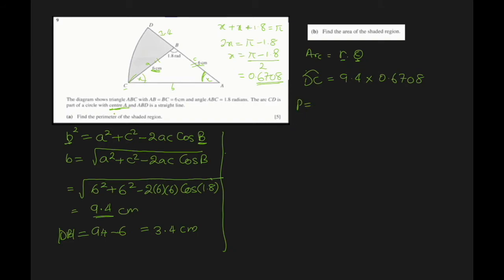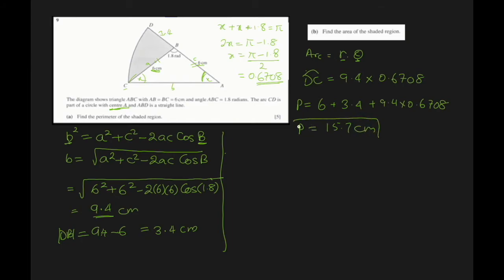We're doing part A. Okay, so the perimeter will be 6 plus 3.4, which is again the radius, plus 9.4 times 0.6708. So when we put this in our calculator, we get 15.70, 15.7 to three significant figures, centimeters.